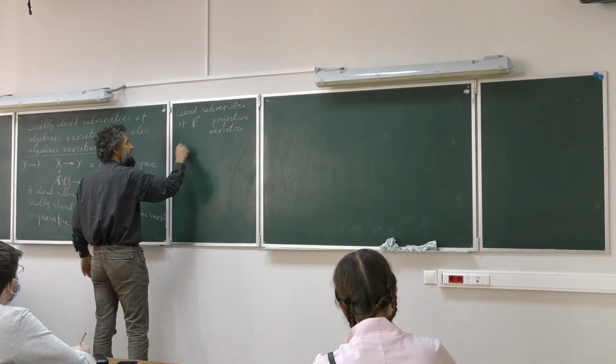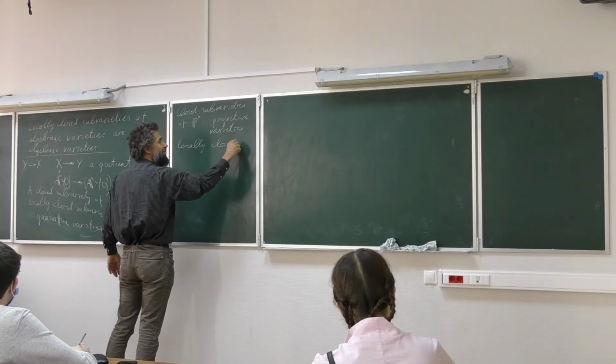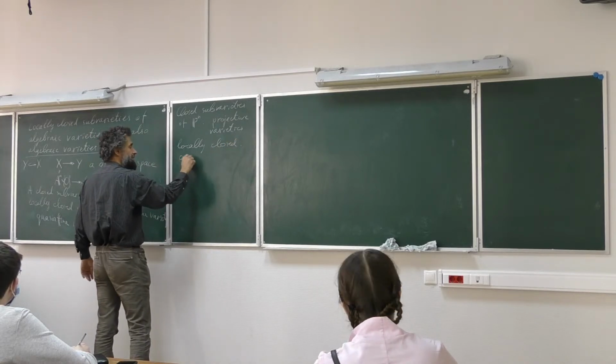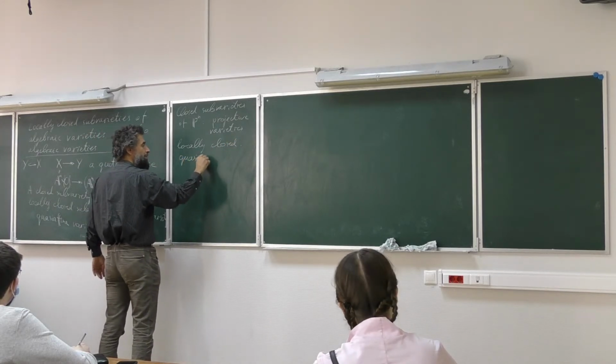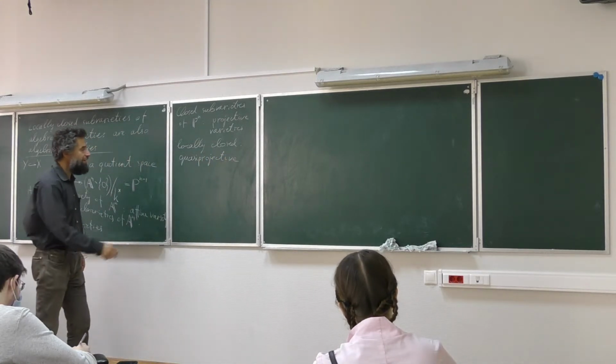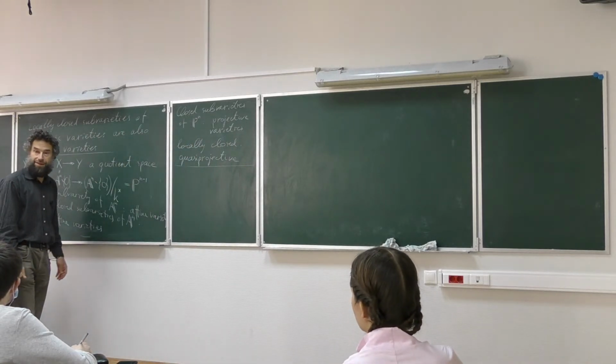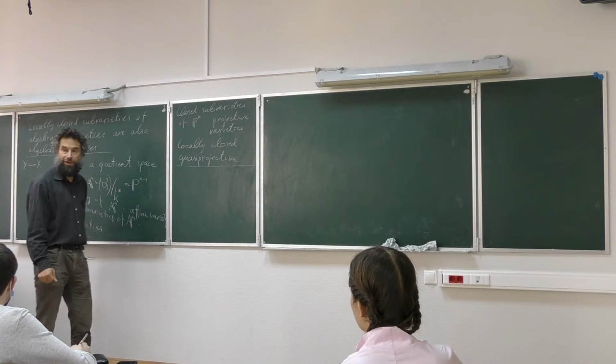And locally closed ones will be called quasi-projective varieties. Okay, so this is just a piece of terminology, nothing else. We will study them for the rest of our class.